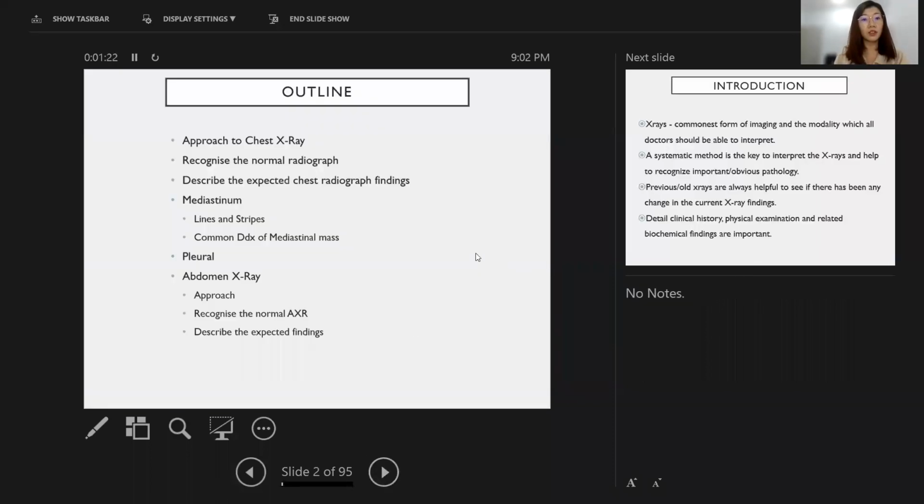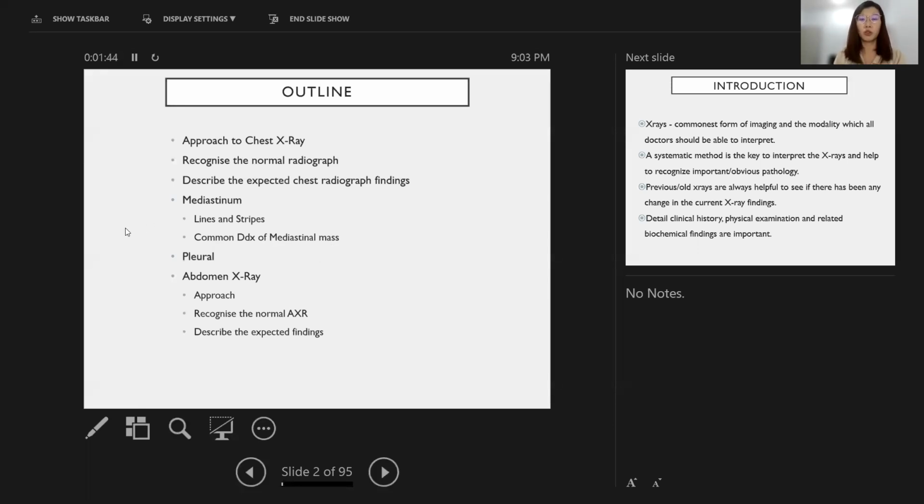So the outline for the talk today will be how to approach a chest X-ray, and then we need to recognize the normal. After that, we need to describe the expected chest radiograph findings, which are the common findings that we always encounter. Next we go to the mediastinum. I will tell you some about lines and stripes, and then the common differential diagnosis of mediastinal masses.